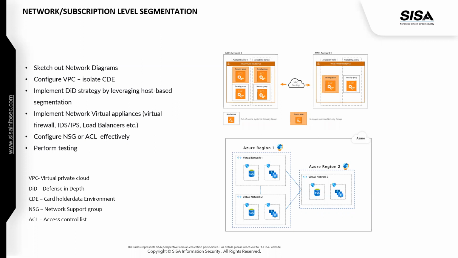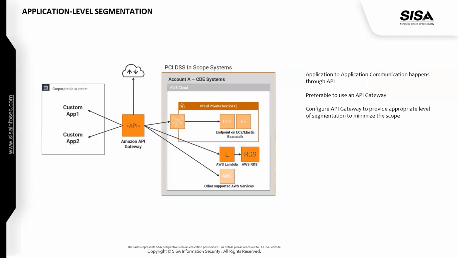Then there is no transitive thing which is going to happen. That means it is not going to touch AWS account 1. If AWS account 1 is your cardholder data environment, then account 3 will not come into the picture because it is touching account 2. That is called VPC peering, which is a great feature by cloud service providers. The same thing stands with Microsoft Azure as well. Maybe only the name may change, but the concept is the same.